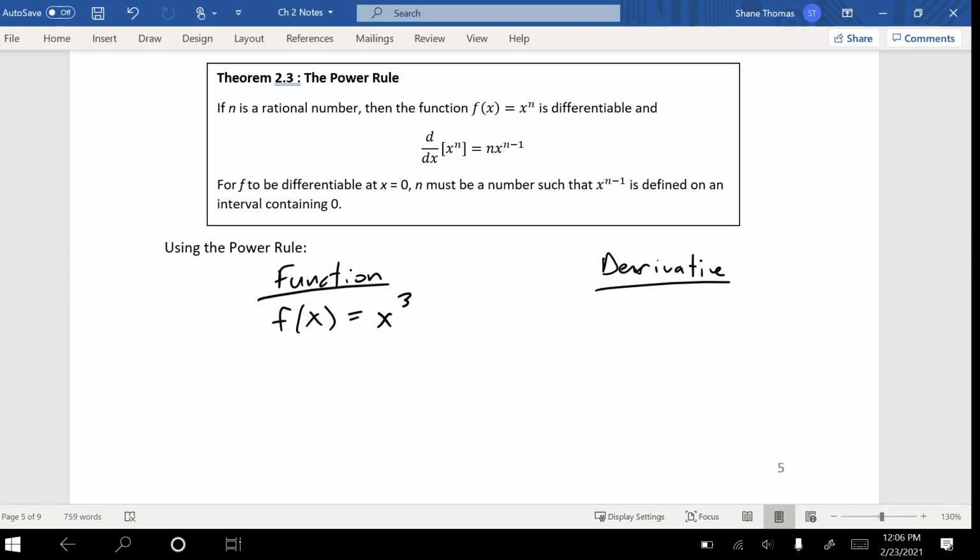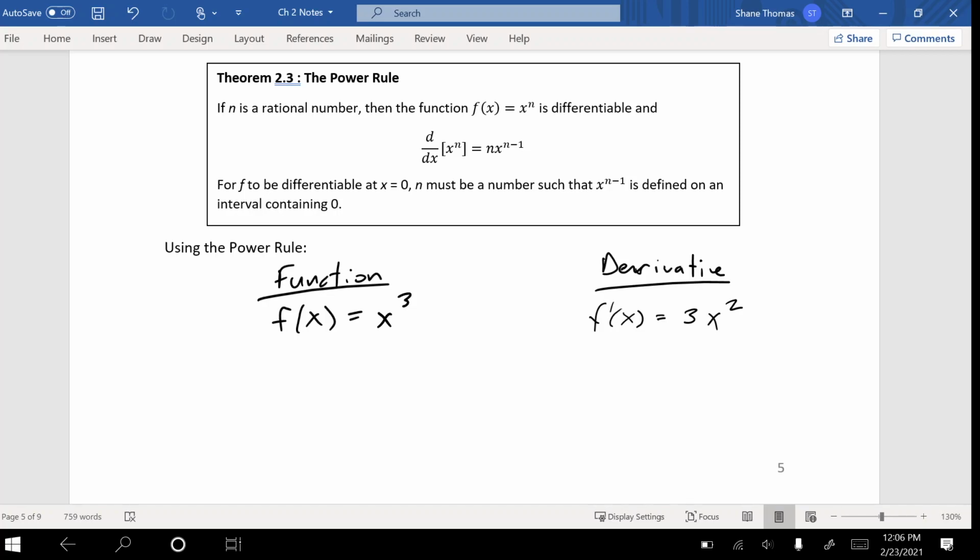What's the exponent on this one? 3. Take the exponent, put it out front. So I bring that 3 down, put it in front of the x, and I subtract 1 from that power. So 3 minus 1 is 2. So f prime of x is 3x squared.